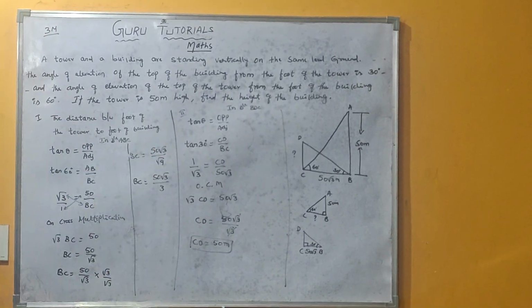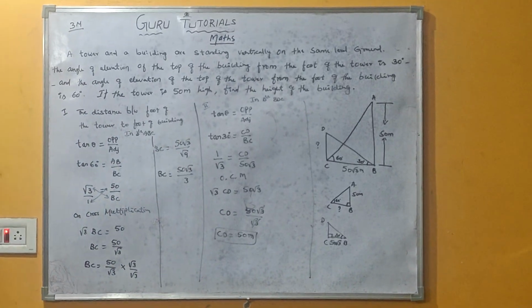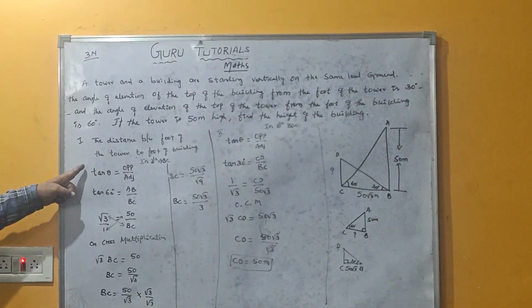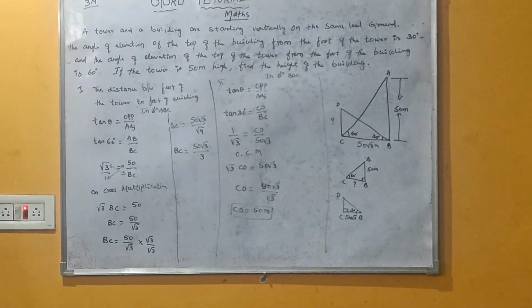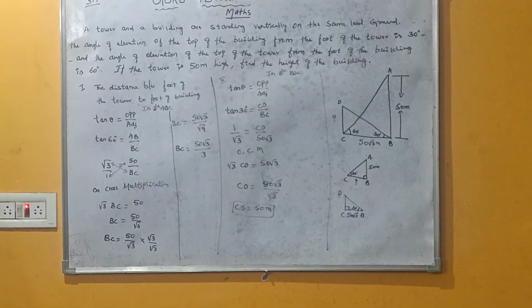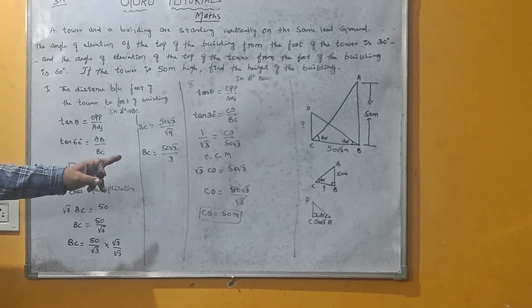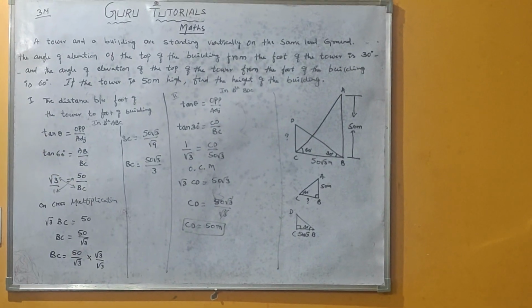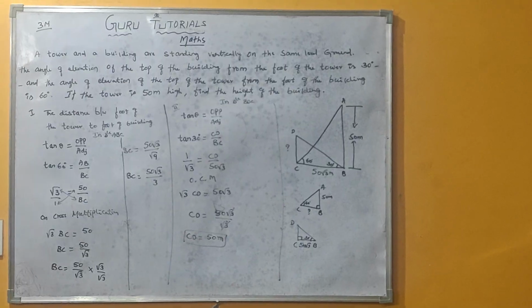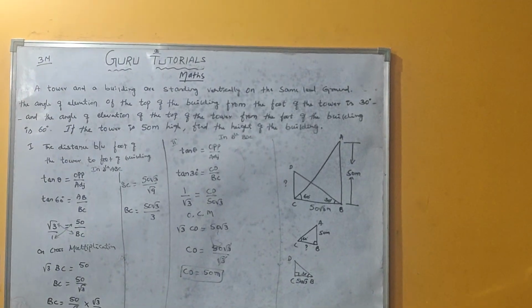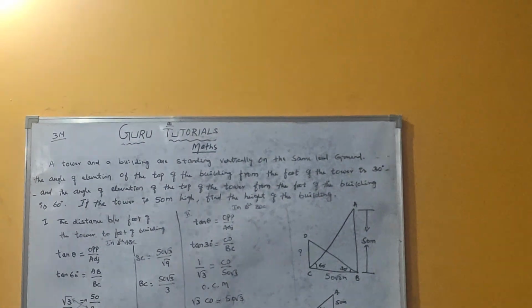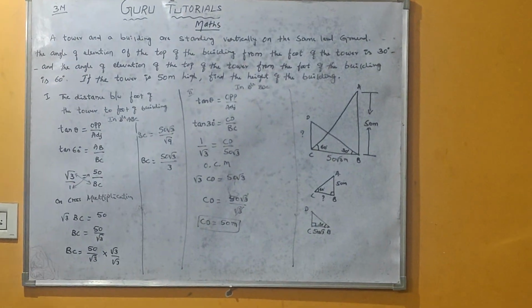What is the tan 30 value? See properly. 1 by root 3. Tan 30 is 1 by root 3. Okay, I'm sorry.